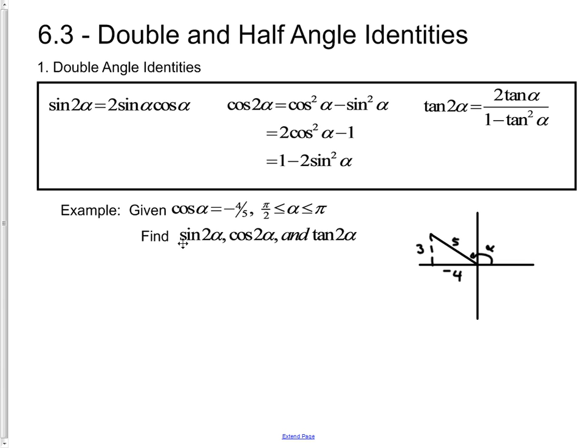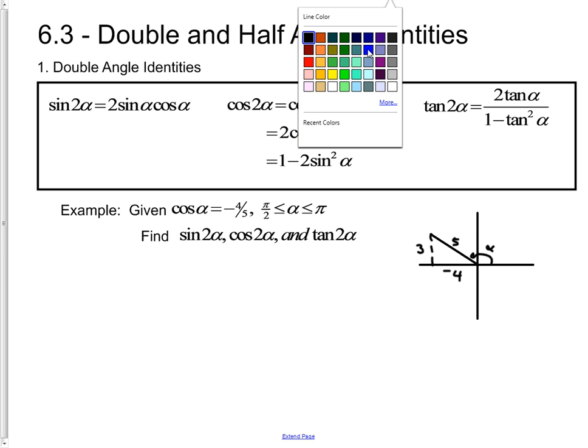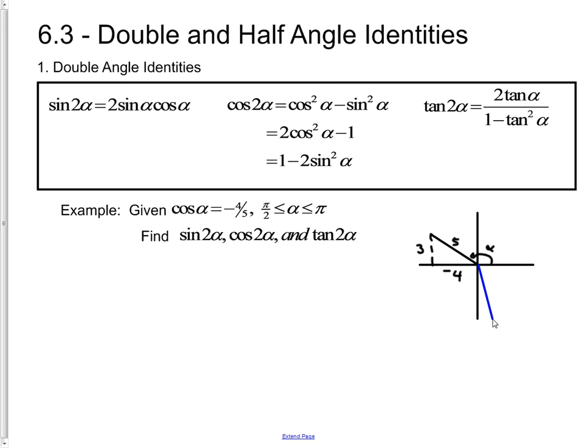But what we're interested in is finding the sine of 2 alpha. So you might think to yourself, let's see, 2 alpha, what could that possibly mean? Well, let's draw this in a different color. 2 alpha means take this angle right here, alpha, and double it. So if we were to make an angle that was twice as big as alpha right here, we might end up somewhere in the third or fourth quadrant.